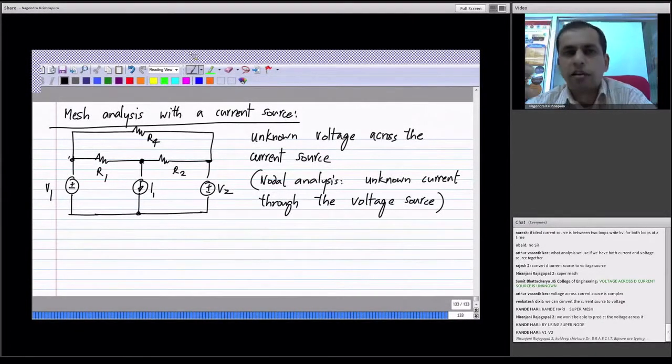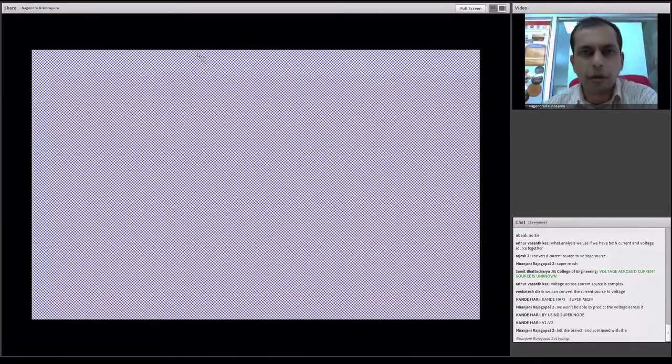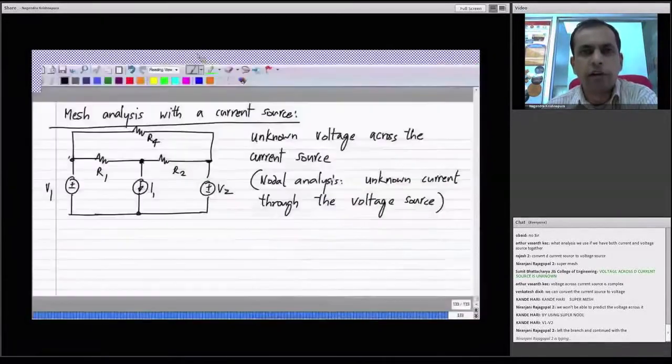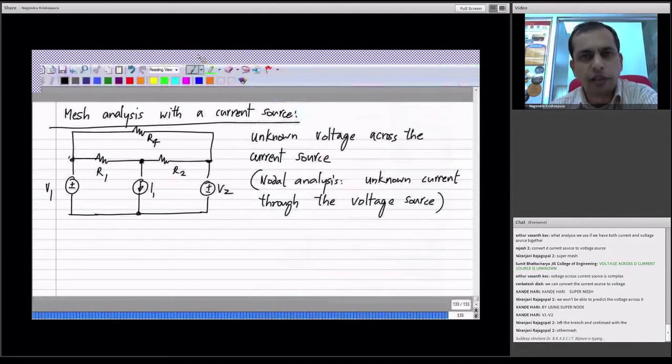What we did was to define an auxiliary variable for the current through the voltage source. That gave us an extra variable and also an extra equation because of the voltage source, and we were able to write down the equations, and also for hand analysis we were able to combine two of those equations, effectively giving us a super node.